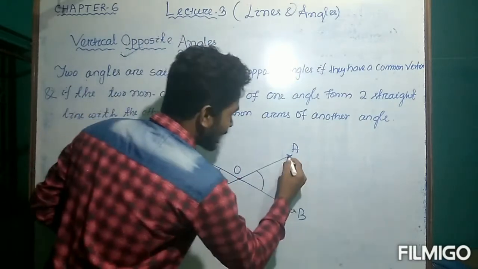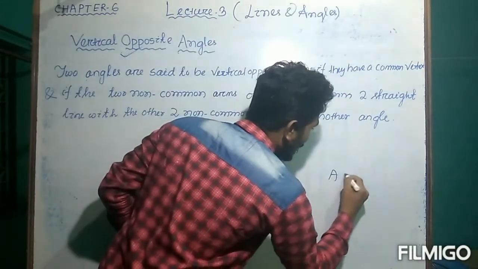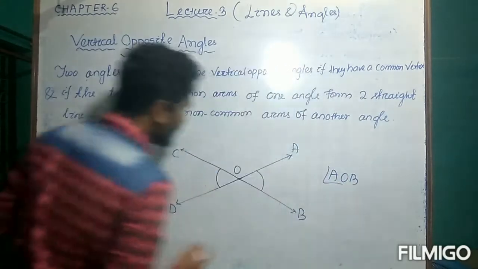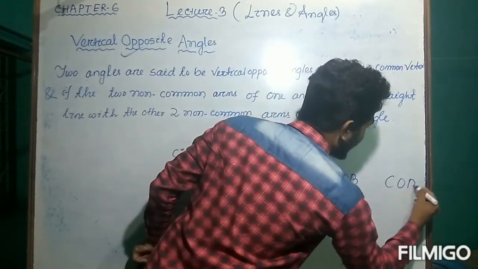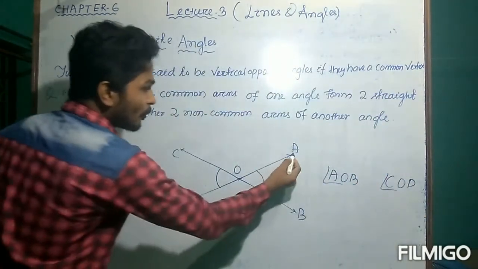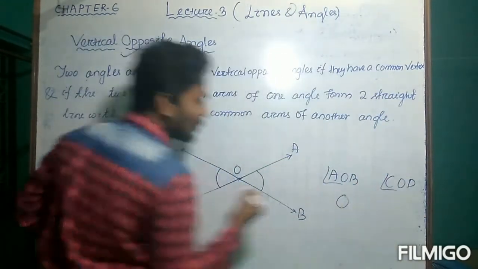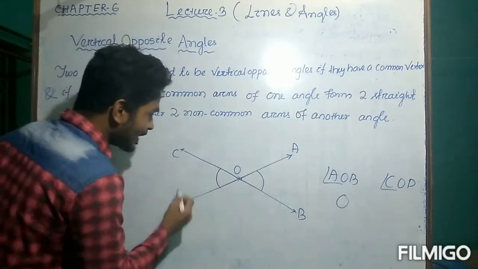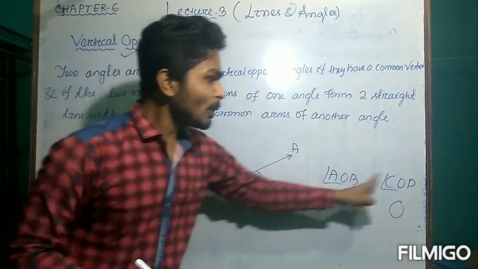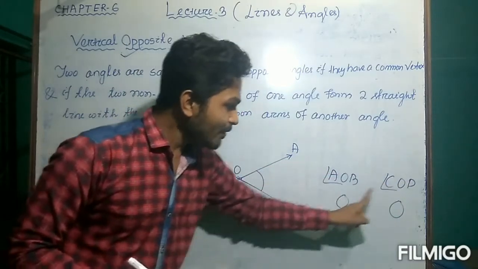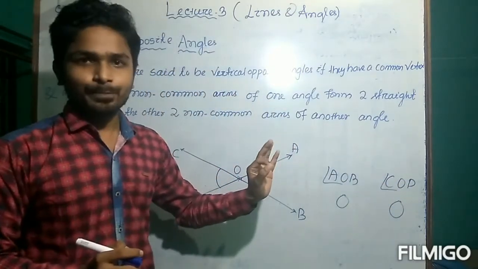So consider the angle AOB and the angle COD. For angle AOB the vertex is O. For angle COD the vertex is O. So the first condition is that the two angles have a common vertex.